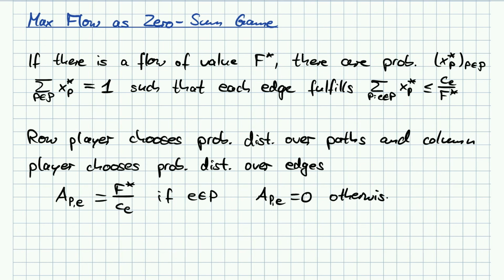Why are we doing this? Because now x star transposed times A in component E is how much? It is exactly the sum over all paths of the probability that we're choosing path P times A_PE.